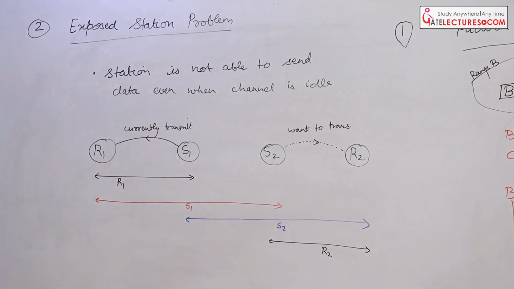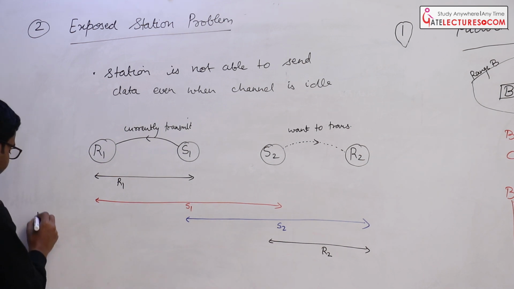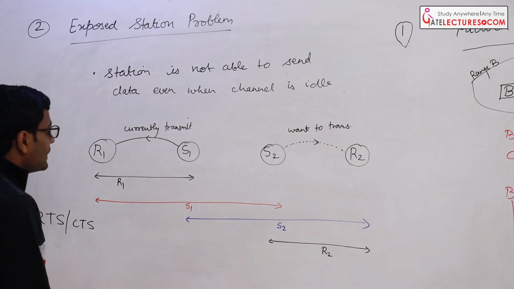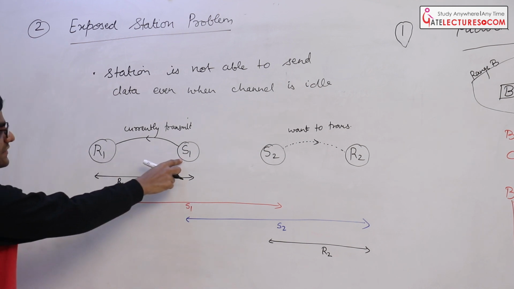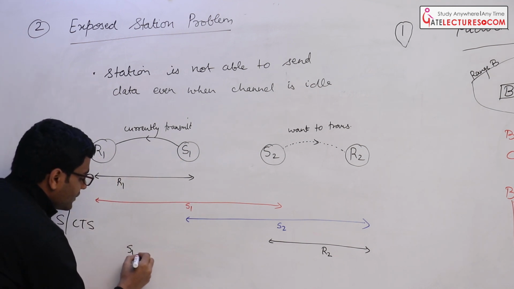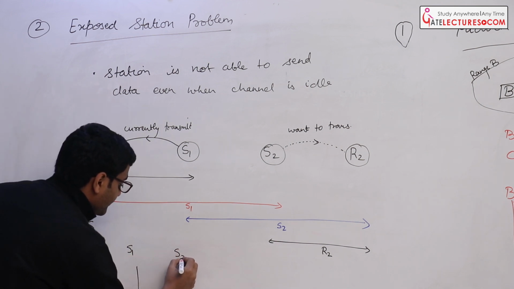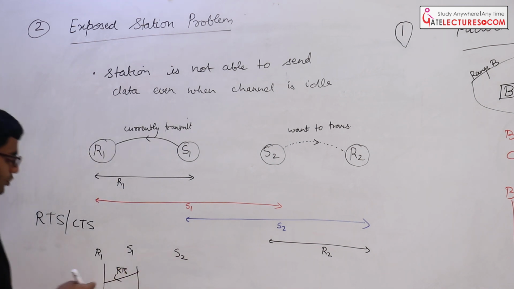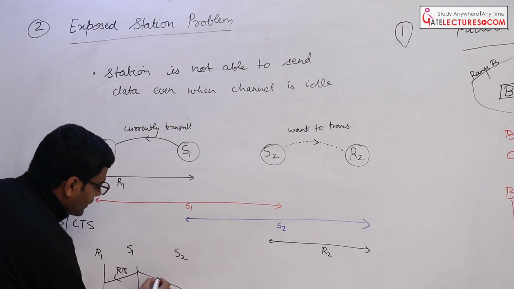The RTS and CTS signals, which I told you about briefly, can solve this problem only partially. When S1 wants to communicate with R1, it first sends an RTS signal to R1, and since S2 is in the range of S1, S2 will also listen to that RTS.